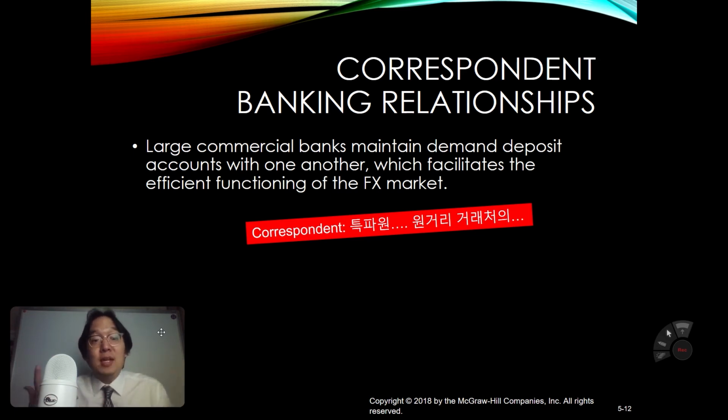And then Deutsche Bank has deposit accounts in your bank, Bank of America, a US dollar account and a euro account. We can switch it somehow, instead of doing separate transactions each time. So correspondent banking would be less costly in that sense and done faster.